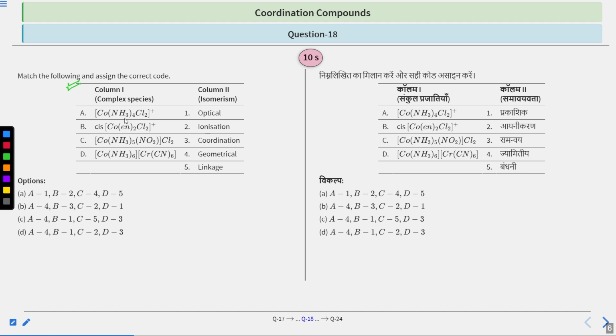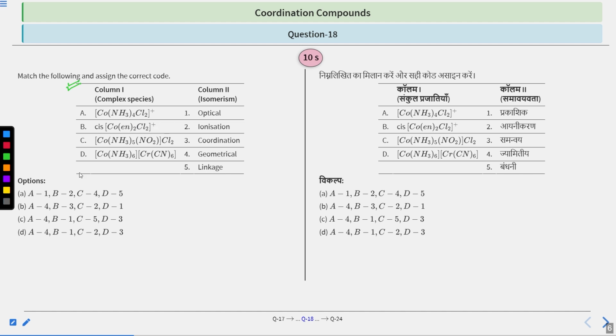The complex species are [Co(NH3)4Cl2]+, cis-[Co(en)2Cl2]+, [Co(NH3)5(NO2)]Cl2, and [Co(NH3)6][Cr(CN)6]. In the isomerism column, we have 5 types: optical, ionization, coordination, geometrical, linkage. We have to match the correct isomerism to each complex species, right?